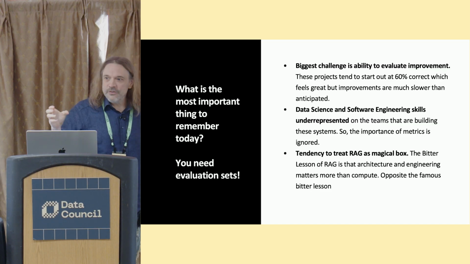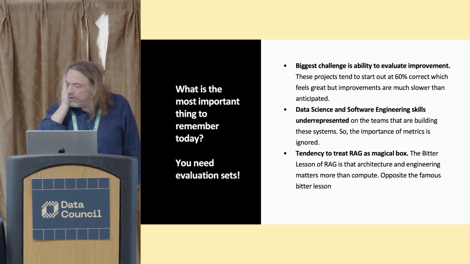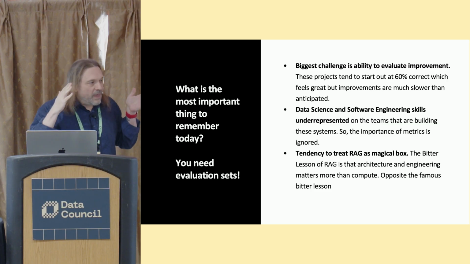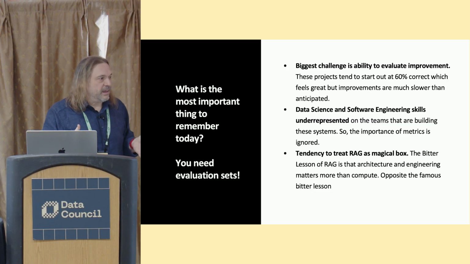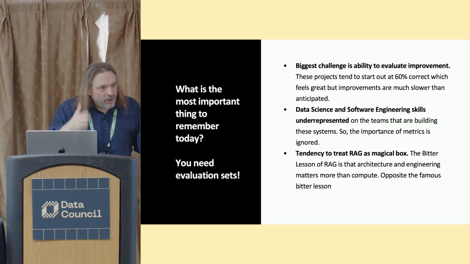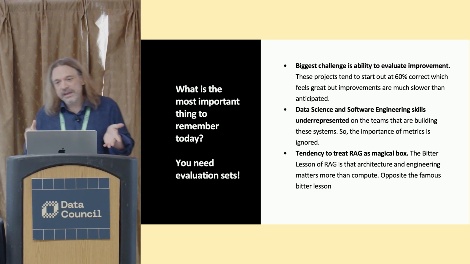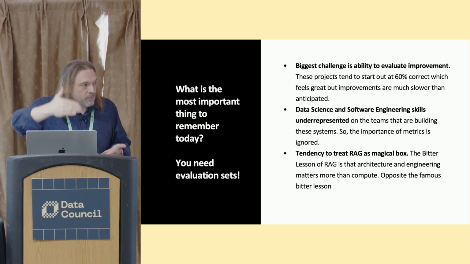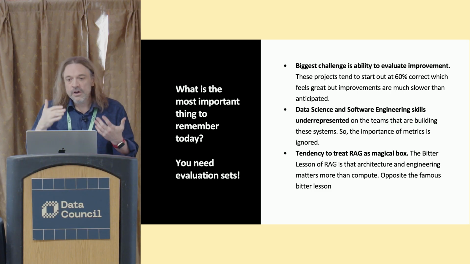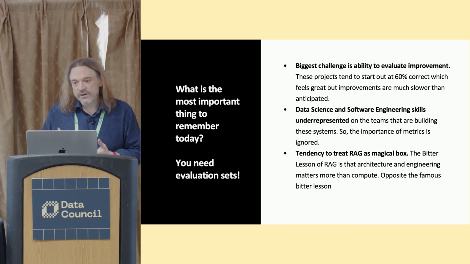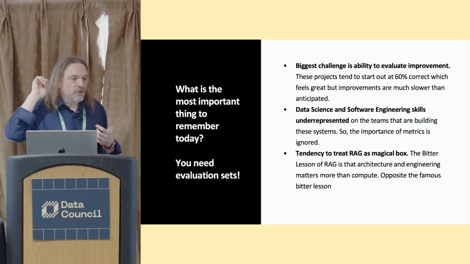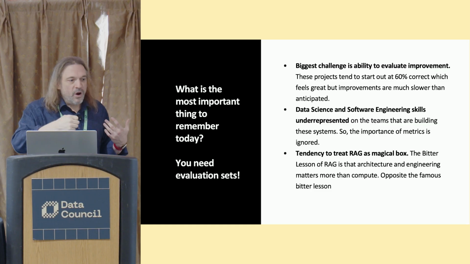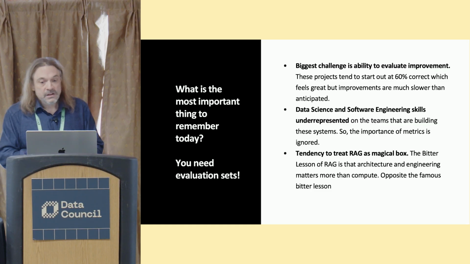When you just run your first runs, oh my gosh, this is so much better than I thought it was. And they spend the next 9 months flailing. The reason they spend the next 9 months flailing is they do not know how to get from that 60% to 80% or 90% or 100%, whatever that success metric is. They're shooting in the dark, and sometimes things get better, sometimes they get worse, and they never can tell.